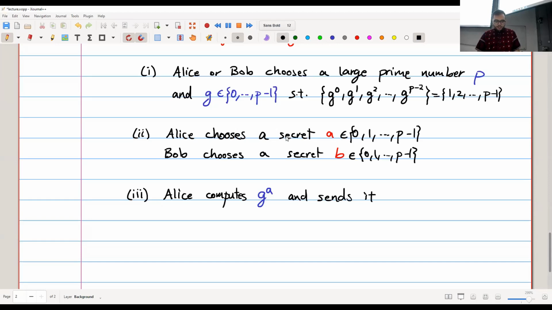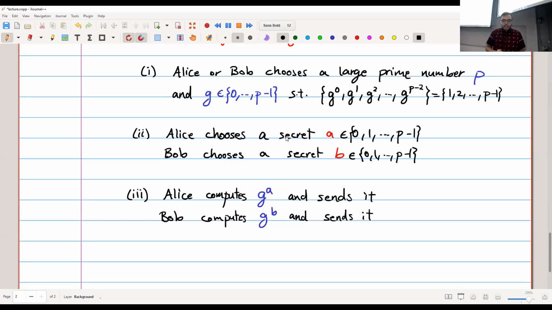And Bob does the same thing. So it's very symmetrical. Whatever Alice does, Bob does the same thing. So Bob computes g to the power of B and sends it. Okay, so basically our hiding function f is to take our number g and raise it to the power of our secret.